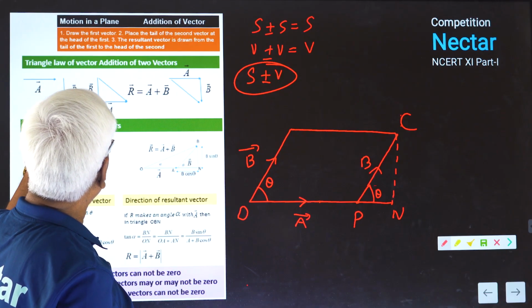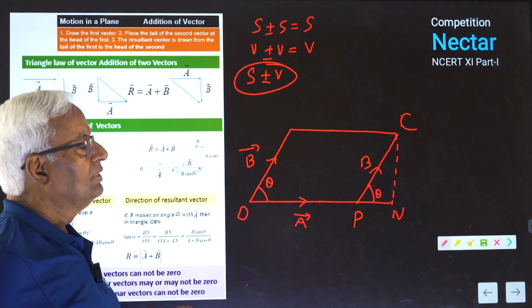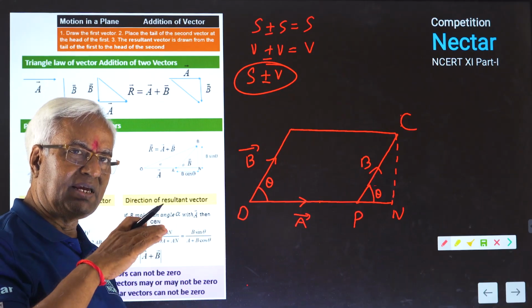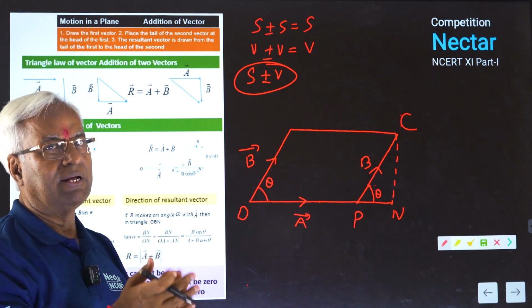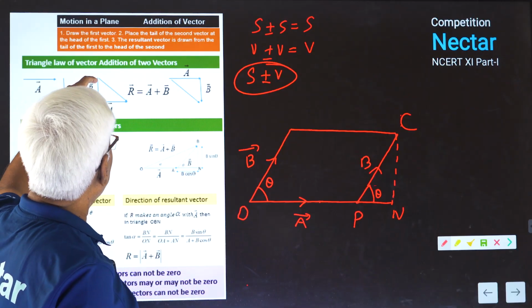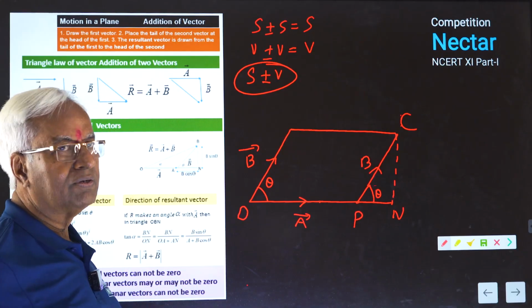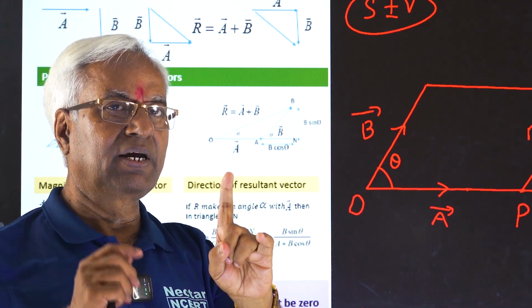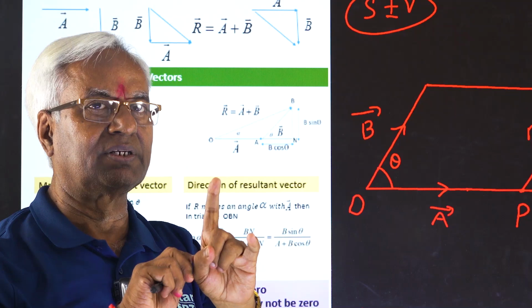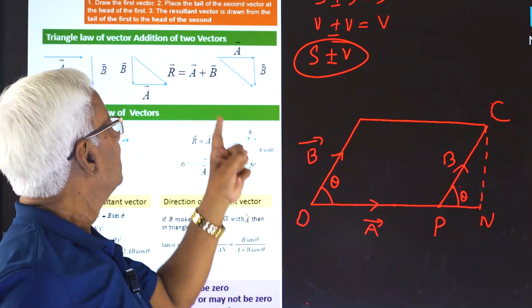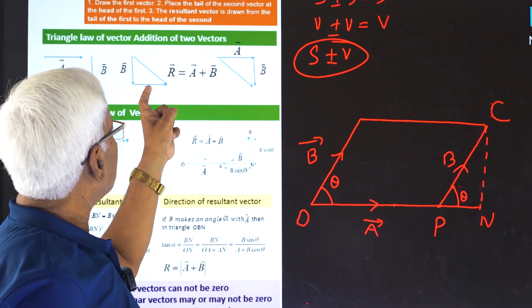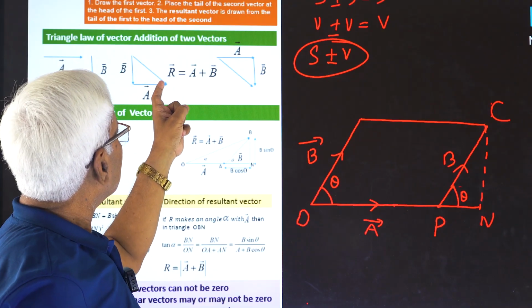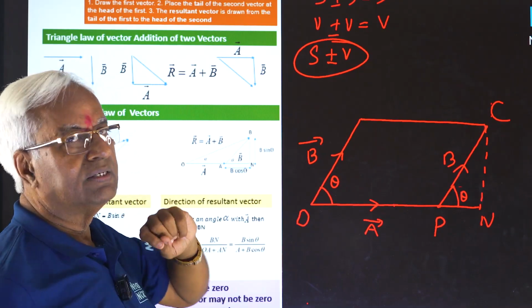It hardly matters whether you add A plus B or B plus A. So we are doing B plus A here. We draw the first vector, and with the head of this first vector, we start the tail of the second vector. This is B plus A.